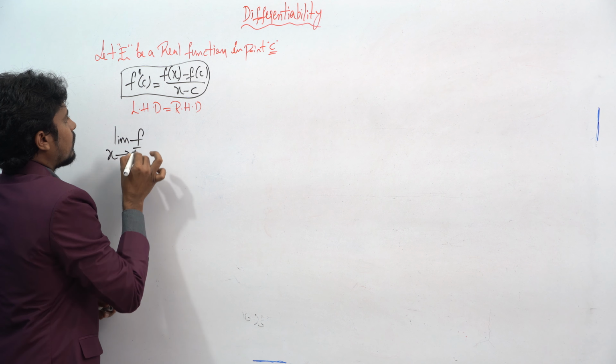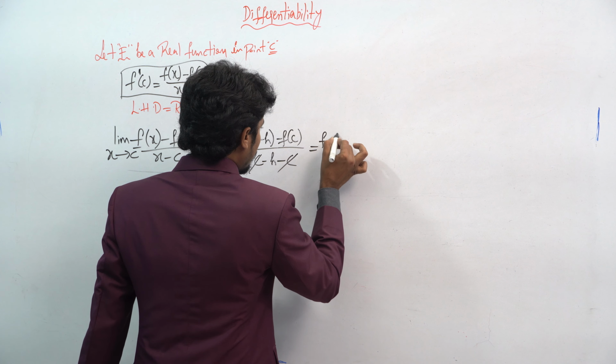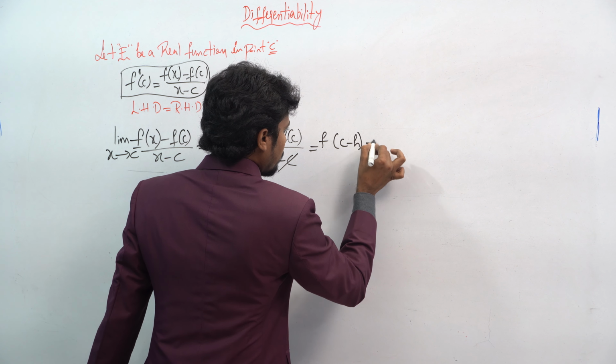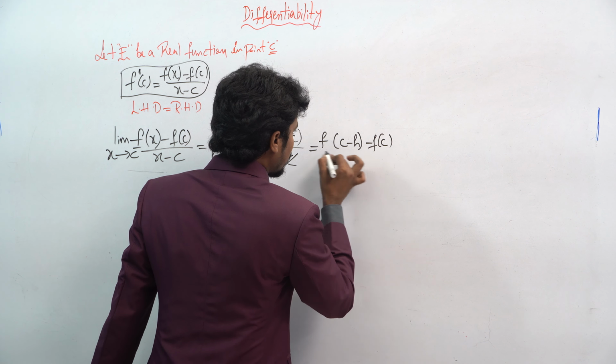If I apply the limit h tends to 0, this becomes the limit of f of c minus h minus f of c divided by c minus h minus c. Here plus c and minus c get cancelled, so this is f of c minus h minus f of c divided by minus h. This was for the left hand limit.